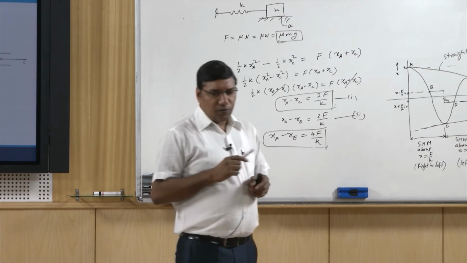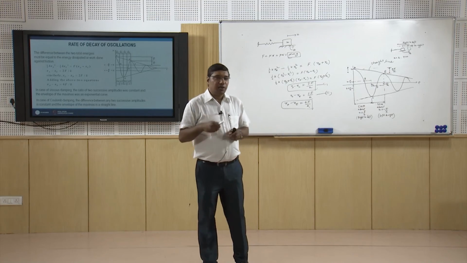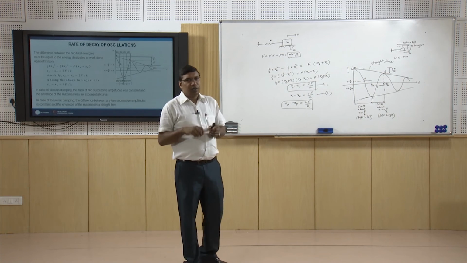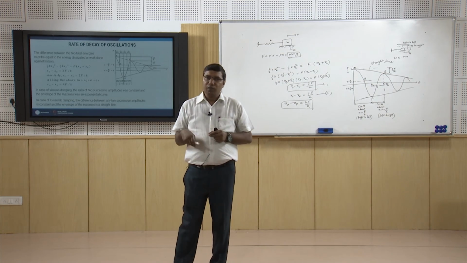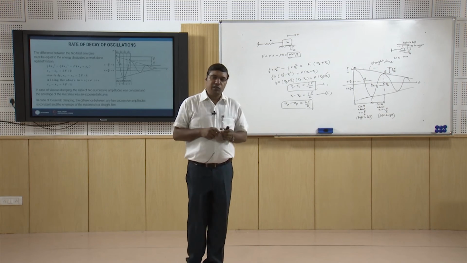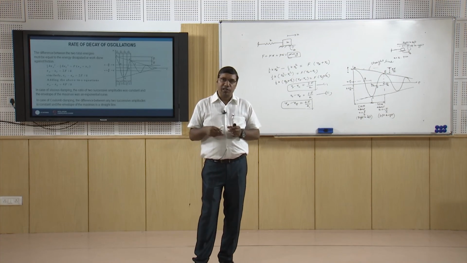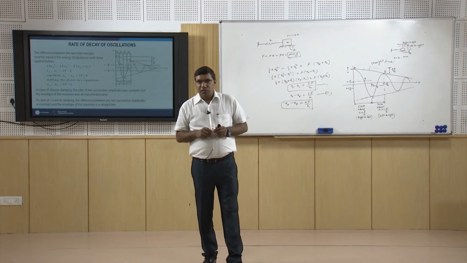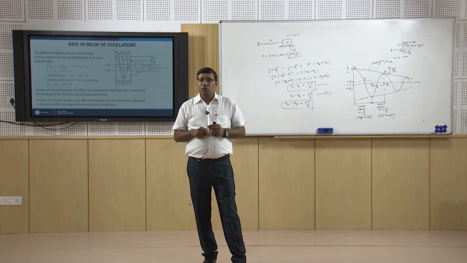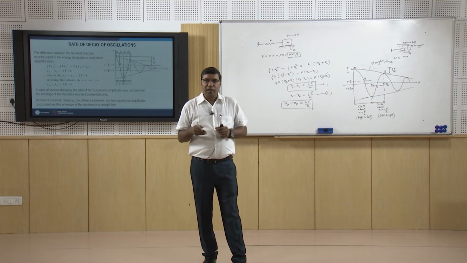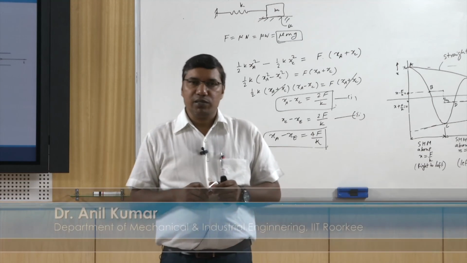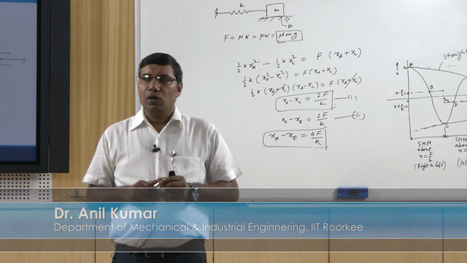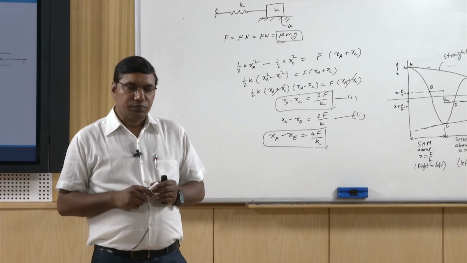Here the frequency of vibration is the same as the undamped natural frequency. So the system is vibrating with omega n, the natural frequency of the system, omega n equal to root K by m. In case of viscous damping, the system was vibrating not with omega n but with a changed frequency, the damped natural frequency omega d, equal to omega n root 1 minus zeta square.